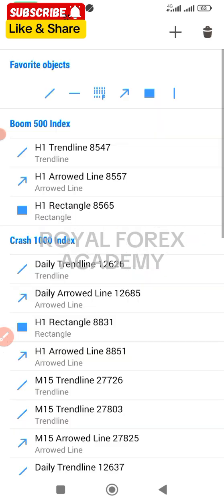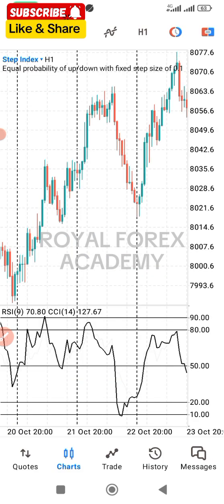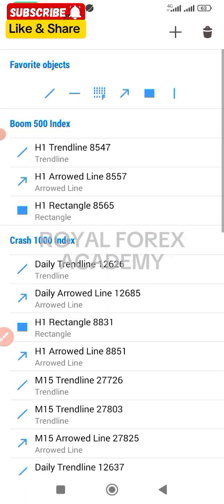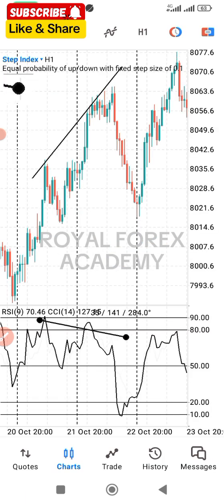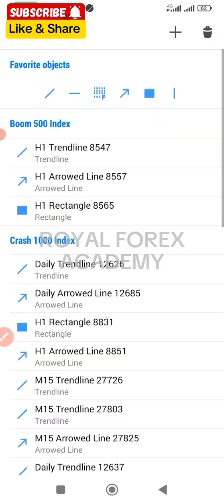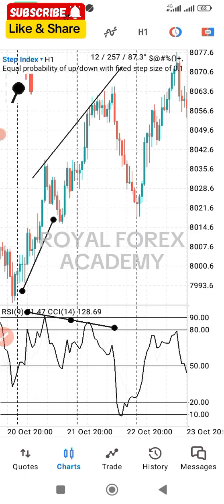Look at before this sell. You notice? You see this and this. Great, right? So this is how simple we can take advantage of this.